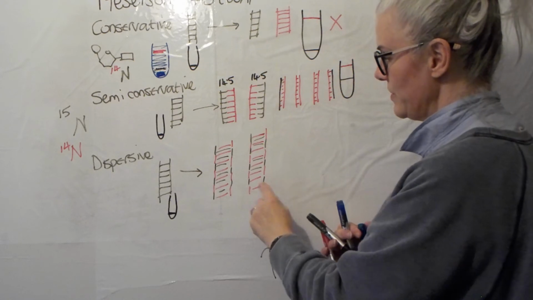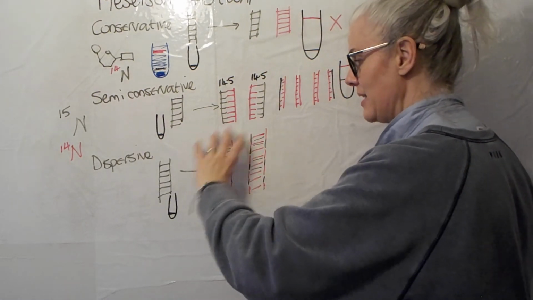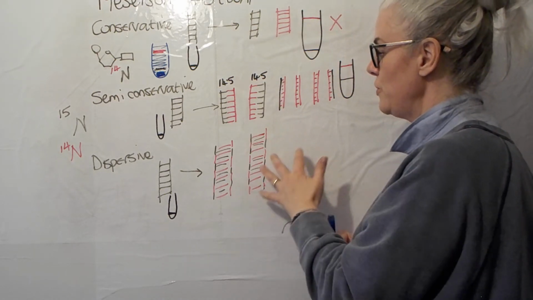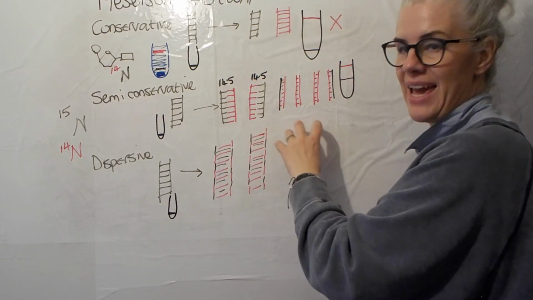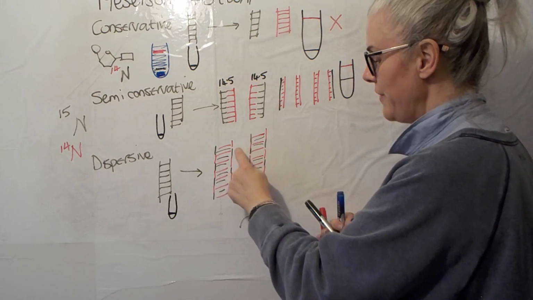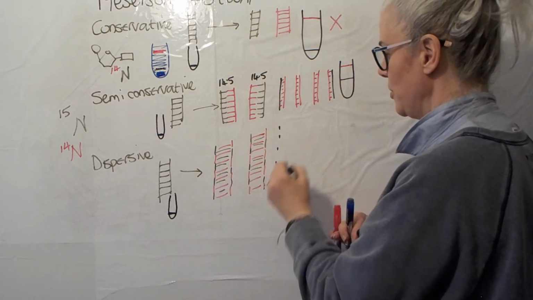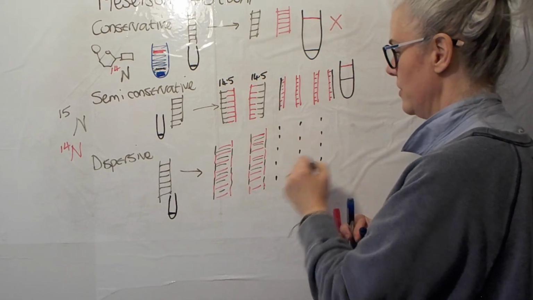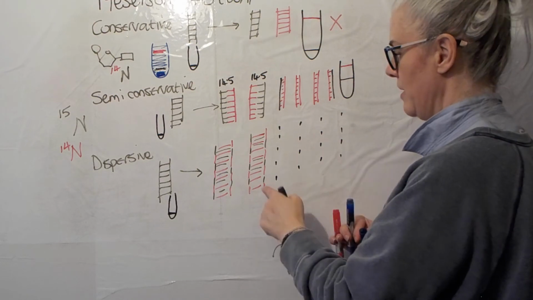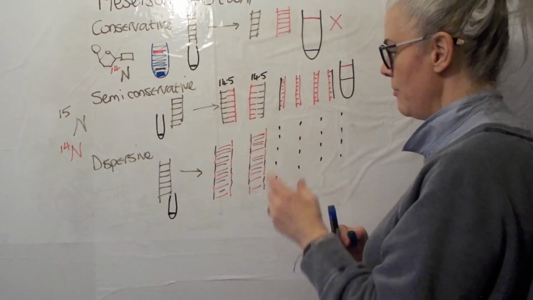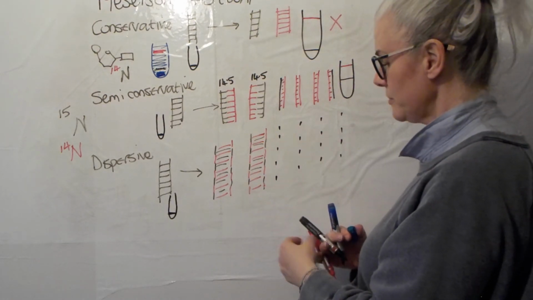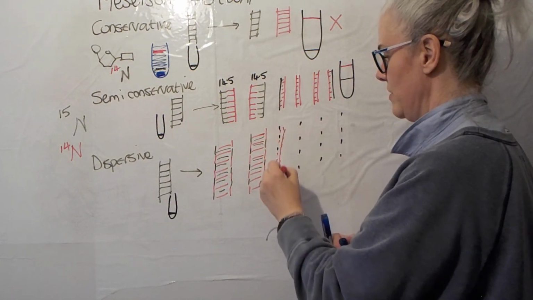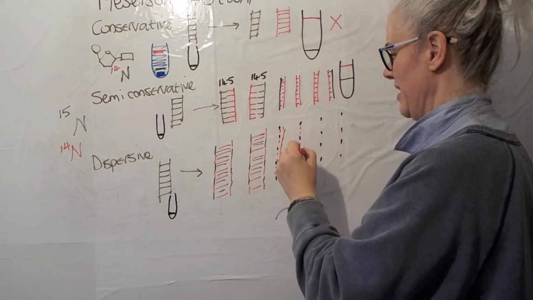If we do the same with this one, so again, you're going to take these original strands, break them up, and mix in some new DNA, but the new DNA will be N14. However, this 15 gets equally distributed. So that's one strand, that's two strands, that's three strands, four strands. But all the new DNA gets mixed in with that.